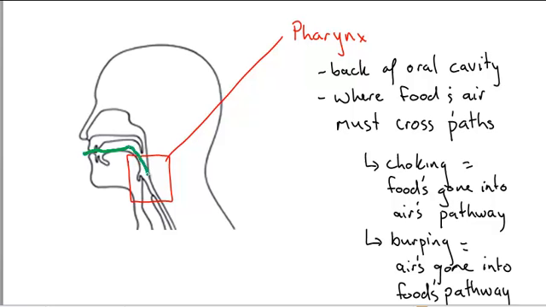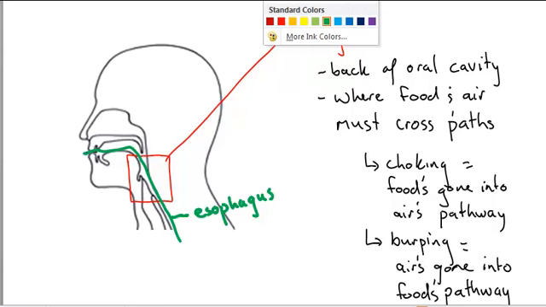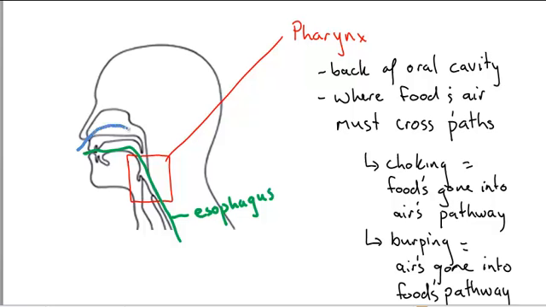Come down towards the back and down the back here, which is the esophagus. In contrast, air is supposed to come in through the nose, come down here, cross pathways in the pharynx, and go down the trachea.